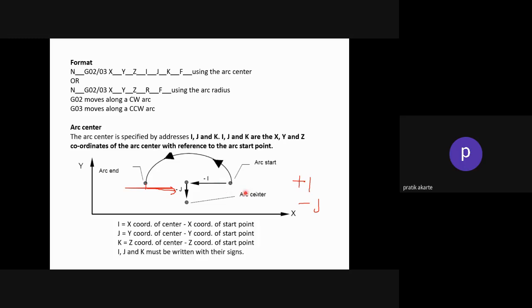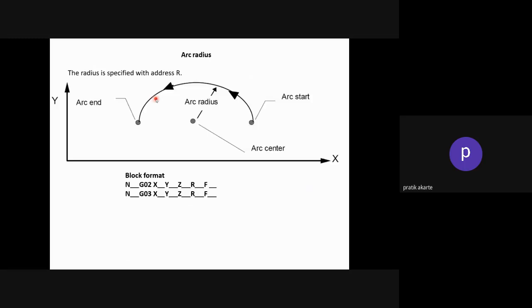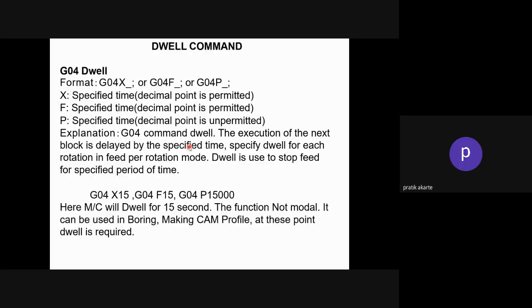They should be written along with their signs. And in the arc radius method, you directly write the radius. You simply write the arc radius irrespective of where the arc is starting or ending.